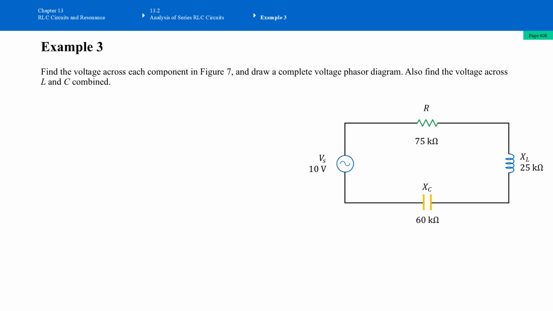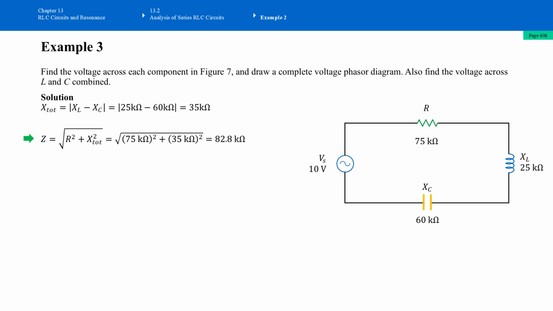First, let's find the total reactance, X total. This is the absolute value of XL minus XC. That is the absolute value of 25 kilo ohms subtract 60 kilo ohms. This is 35 kilo ohms.